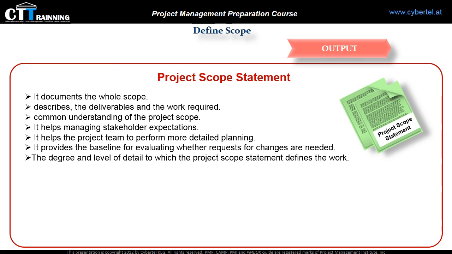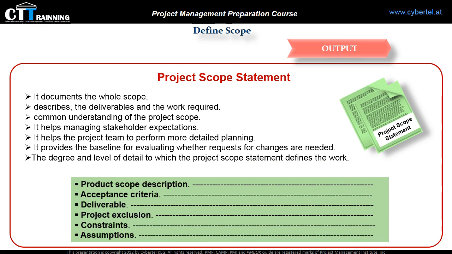The detailed project scope statement includes the following. Product scope description: the characteristics of the deliverables described in the project charter and requirements documentation. This information is progressively elaborated, and it should always be updated.